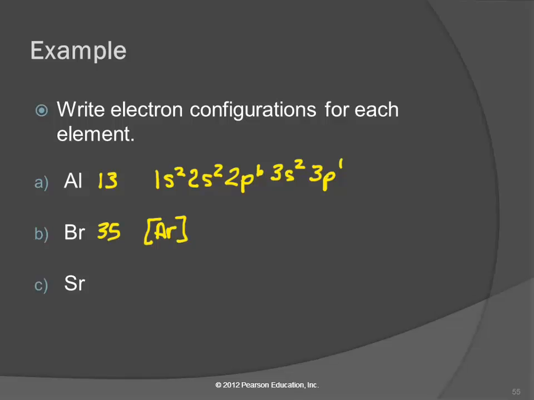Well, argon, this is the 1s, 2s, 2p, 3s, 3p, and next is 4s2. And then what's next? The 3d orbitals, and that's full. So 4s2, 3d10, and then 4p, and there's 5 in there.